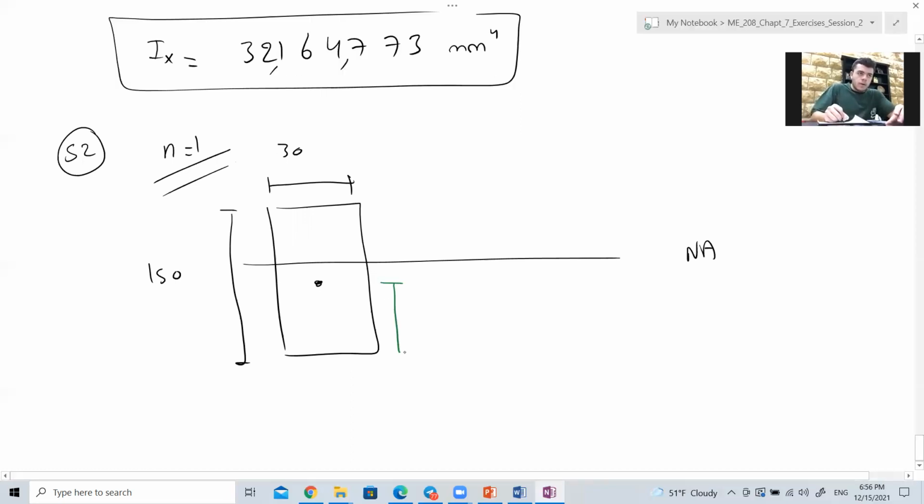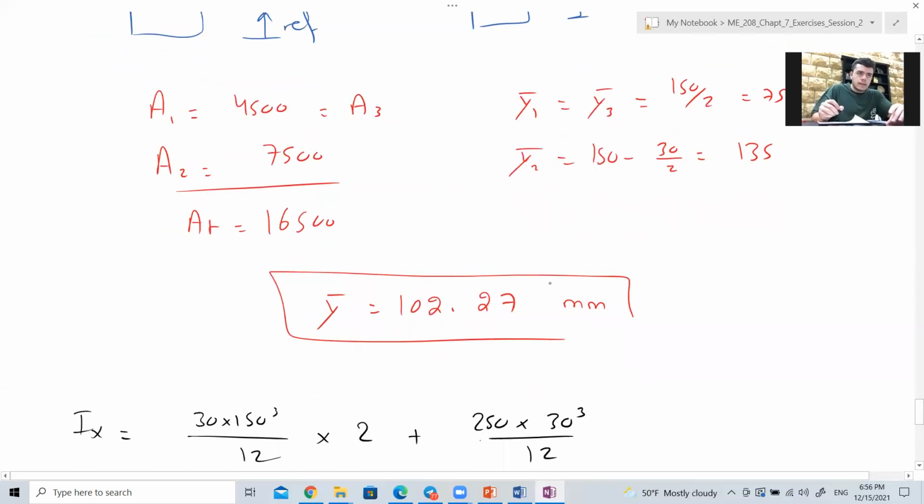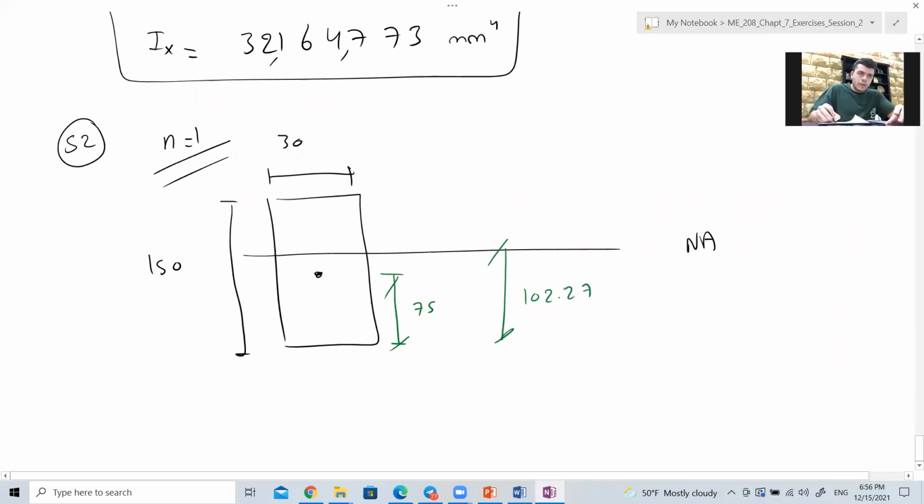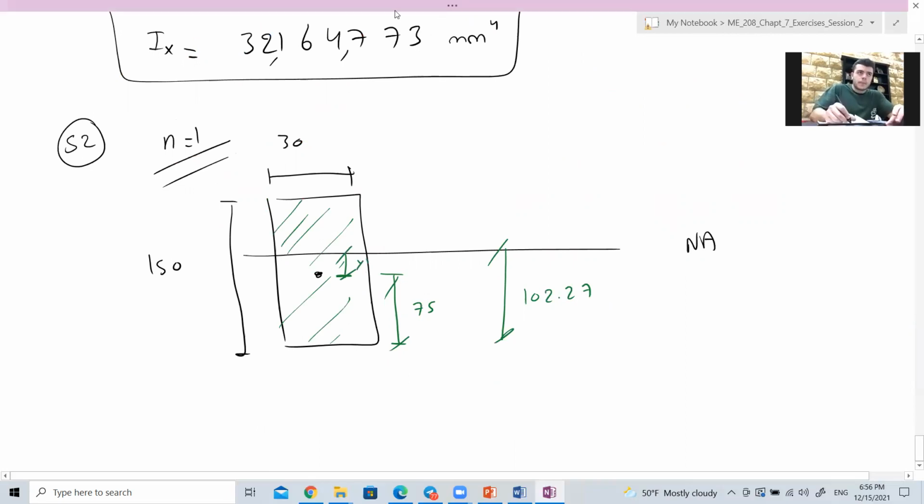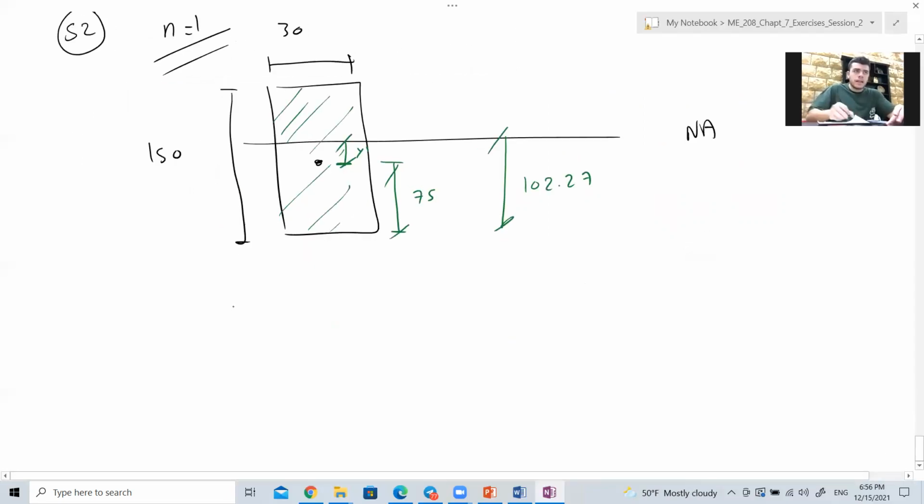From here to here is 75, and to the neutral axis it is 102.27. So this is the area prime, and the distance between the centroids is this y prime. So the area prime is 150 times 30, and the y prime is 102.27 minus 75.